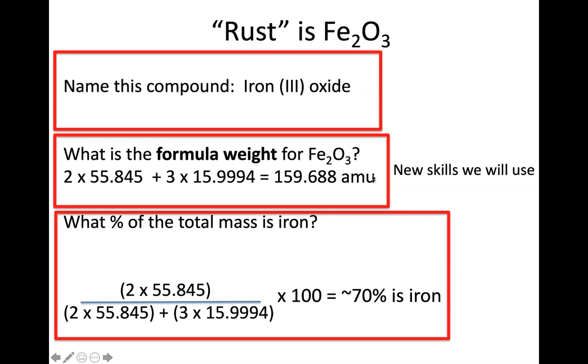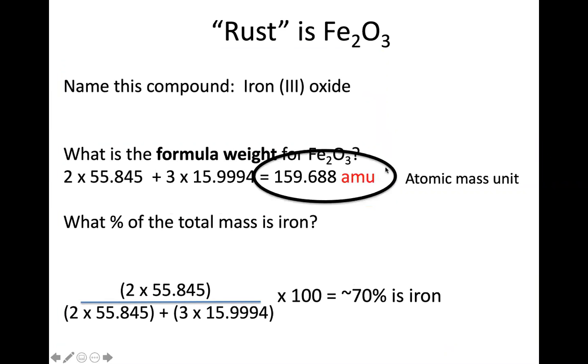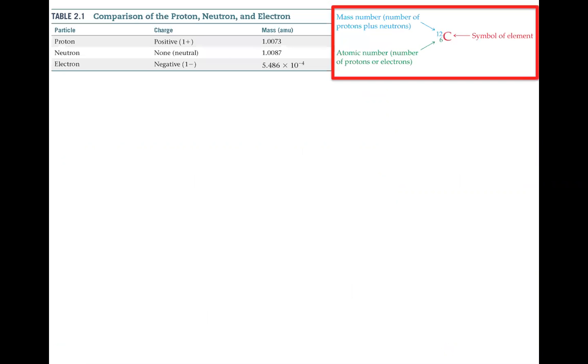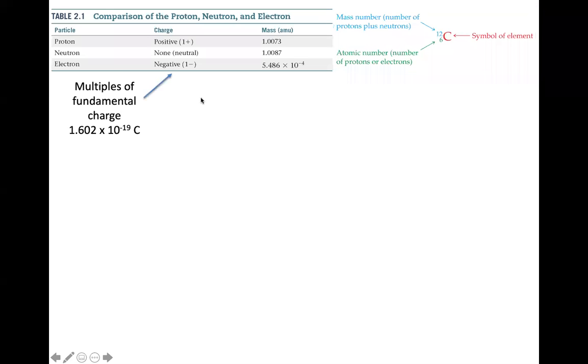Now, if I look at this one, the units here are in AMU. AMU are called atomic mass units. I sort of skipped past that idea when we were looking back here in chapter 2. When we're looking at this, where we're talking about the total mass being 12 and the like, well, 12 what?